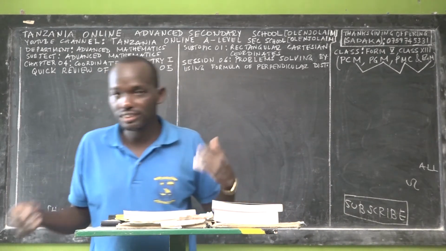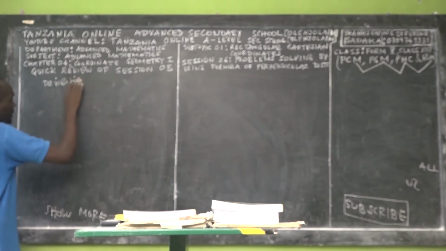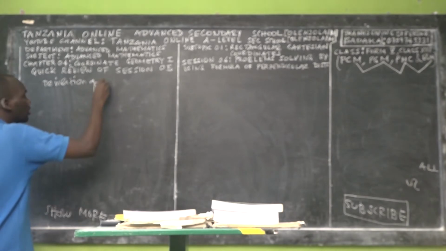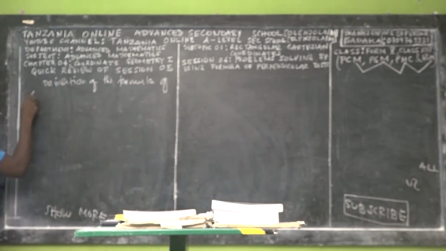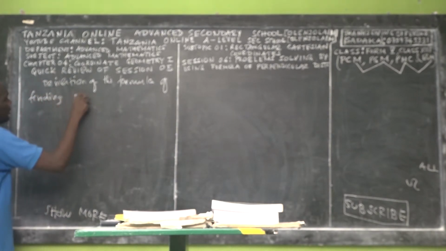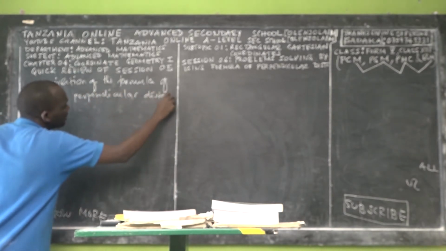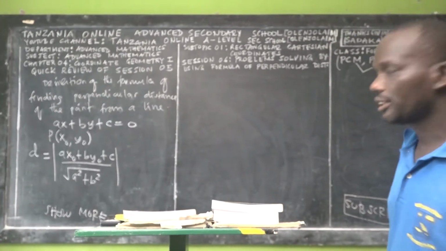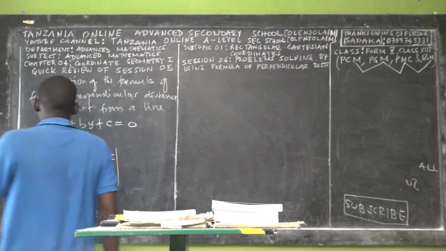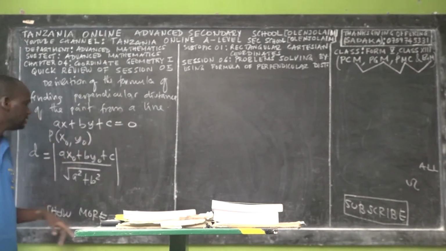So let us continue with today's session. The quick review of session 5: in session 5, we talked about derivation, and that's the homework that we left you, the derivation of the formula for finding the perpendicular distance of a point from a line.